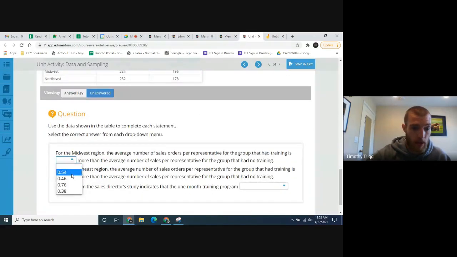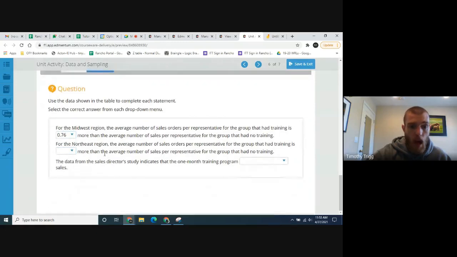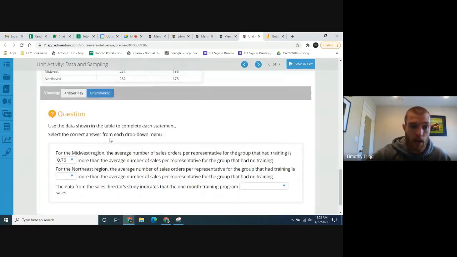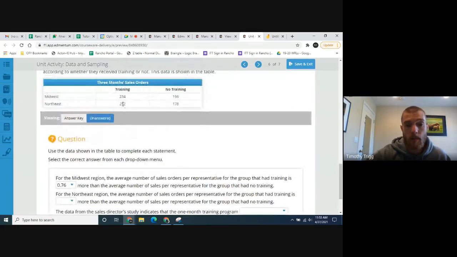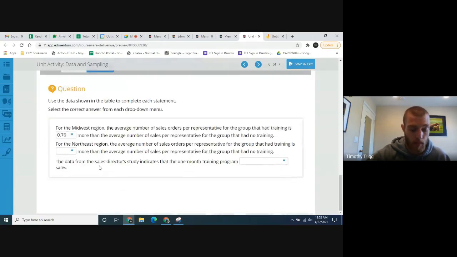That's significant. I want you to do the same for the Northeast: take the 252 and divide by 50, take the 178 and divide by 50, and then subtract those and figure out what the difference is. As you can see, this was a significant increase.